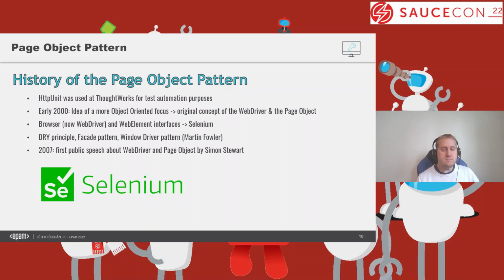And so you can read all the details here. Most important, I think, is that it was 2007 once Simon had his first public speech about the WebDriver and the page object as well. So that's when the word really got out and people really started leveraging both of these.